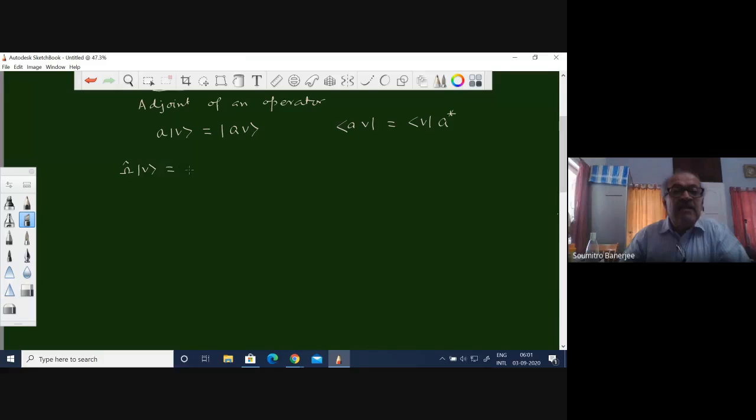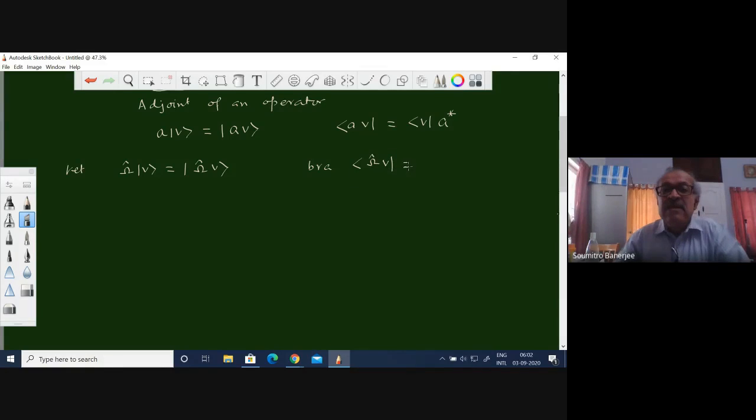Naturally this will be omega operating on the function, and the whole thing treated as a vector. Now, in case this is the ket, operating on the ket, and if it is operating on the bra, then it will be written as omega v bra.